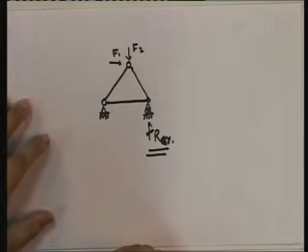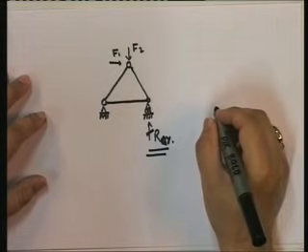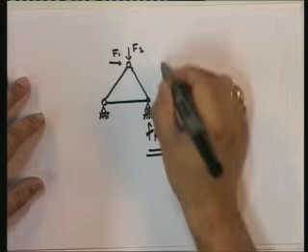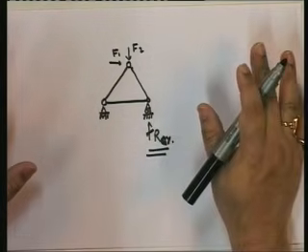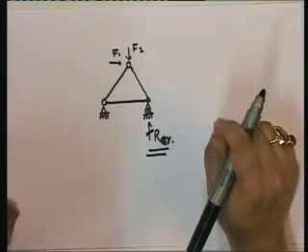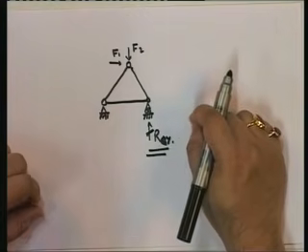Well, let's see. Here I say that under these set of forces, the structure is in equilibrium. So what I'm going to do is apply a virtual displacement. And note that I want to find out this reaction.